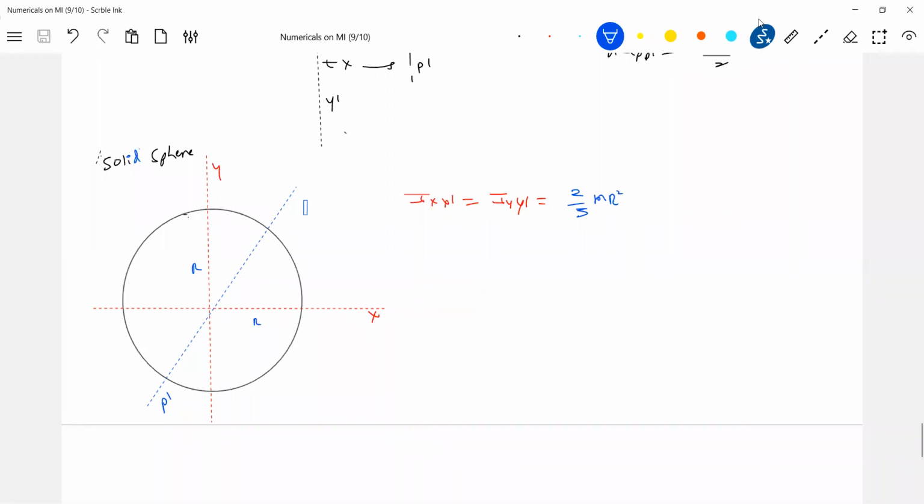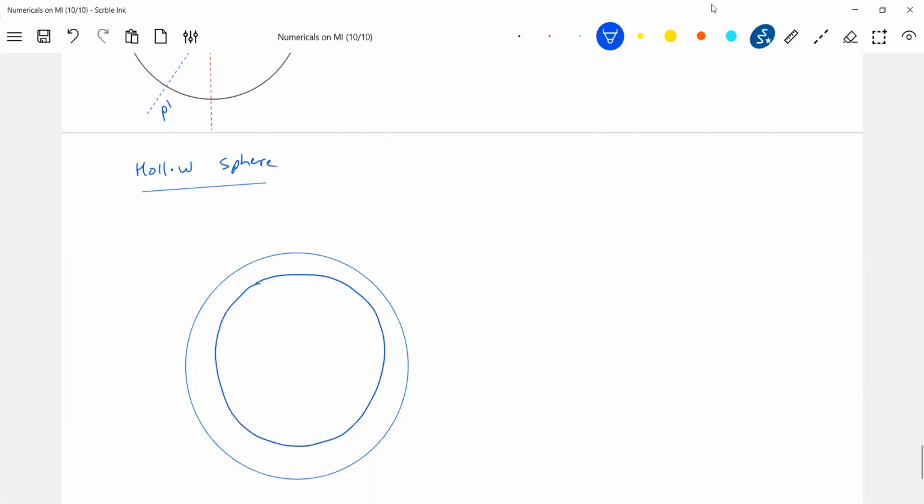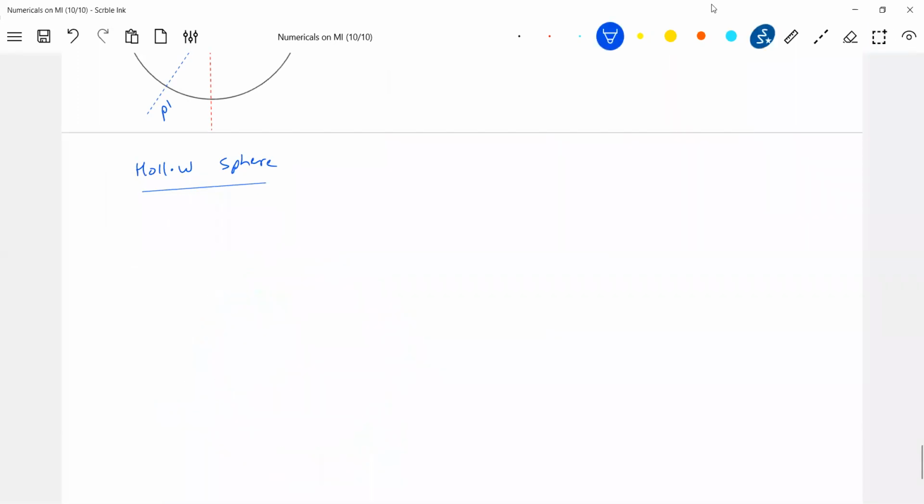Okay, after this, now we'll go for the hollow sphere. Hollow sphere, or thin spherical shell, it is called.